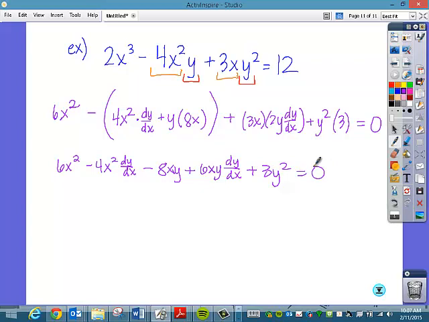The next thing I'm going to do is keep everything with the dy dx attached to it on the left side and move everything else to the right side. So I'm going to subtract 6x squared from both sides. Excuse me. Subtract 6x squared. I'm going to add 8xy. I'm going to subtract 3y squared.